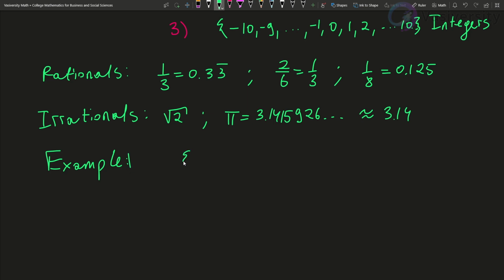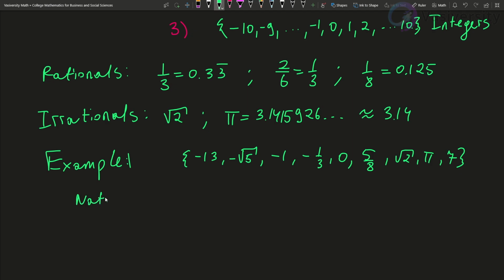We would have a set of numbers. Right, and we can classify them. So for natural numbers, what are we going to have here?